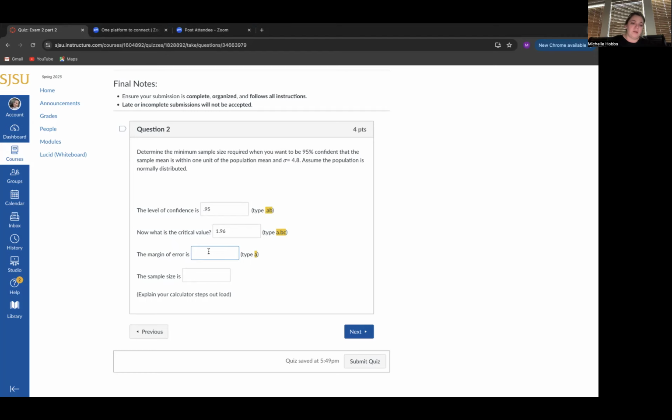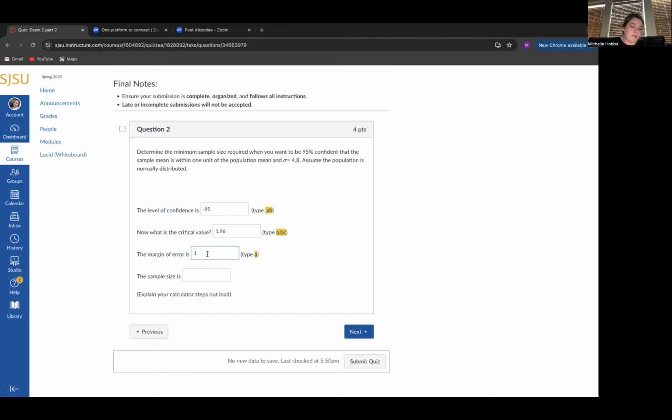The margin of error is going to be 1 for this. And then the minimum sample size is going to be 1.96, the critical value, times the 4.8, and then you put that over the margin of error, which is 1.